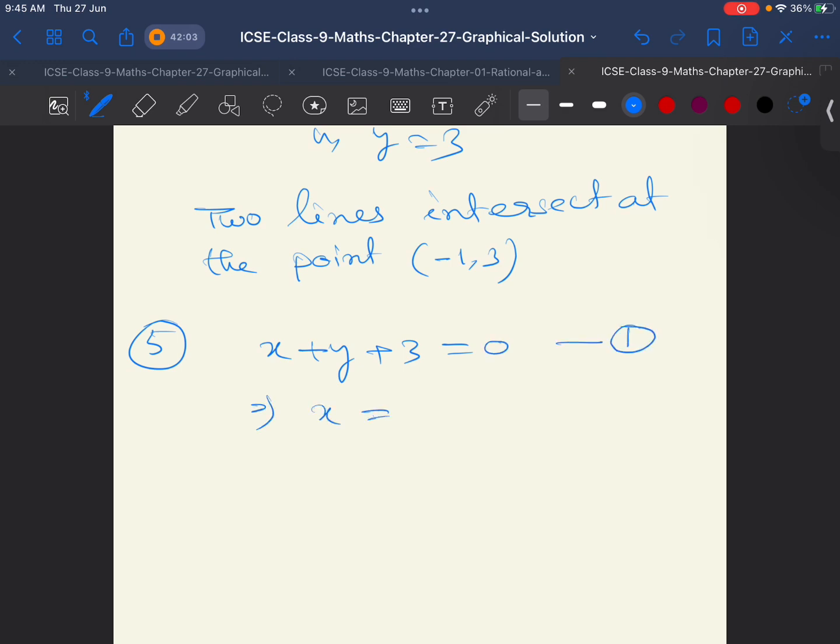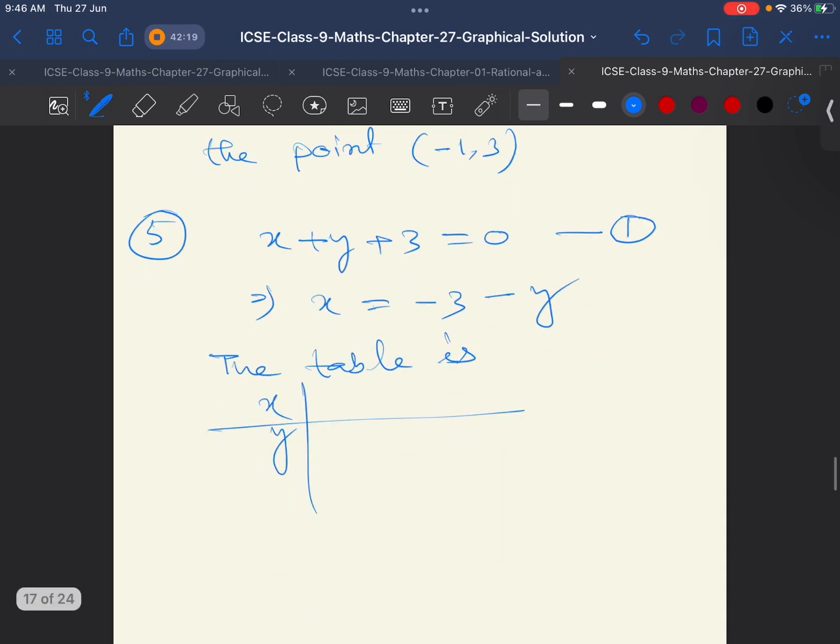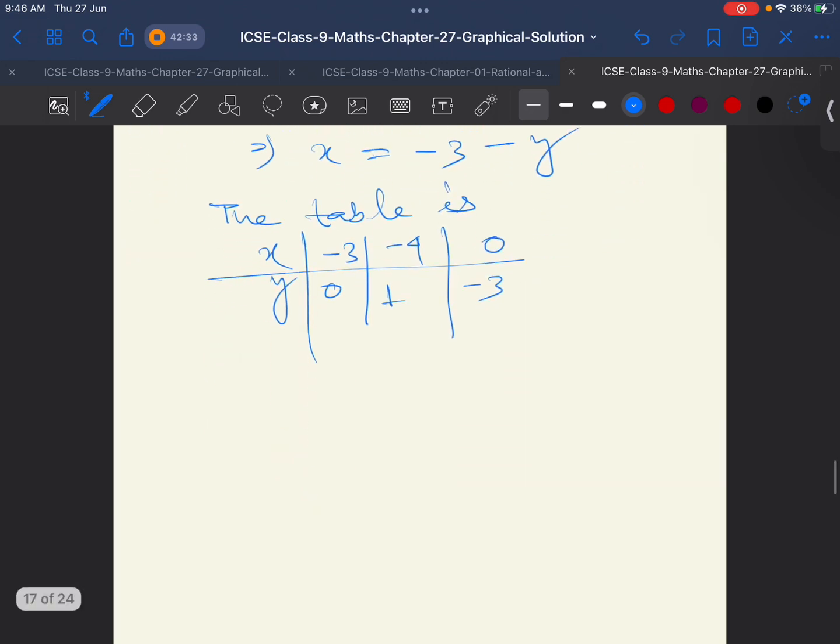Here x = -3 - y, shifting 3 to the right-hand side. So the table for equation 1 is: y = 0, x = -3; y = 1, x = -4; y = -3, x = 0.